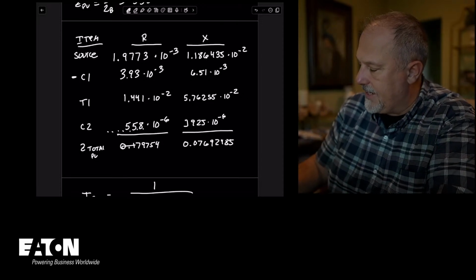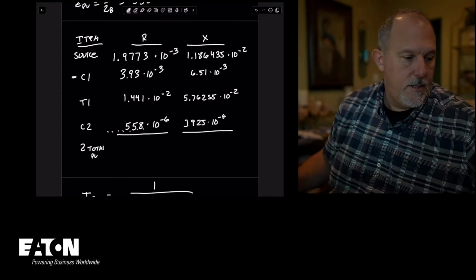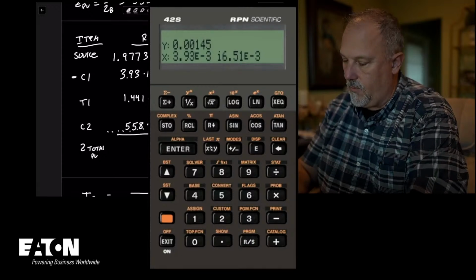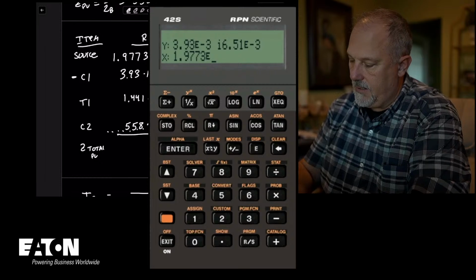Now, I am going to add these back up again, just to make sure we got this right. 1.9773 times 10 to the negative 3.